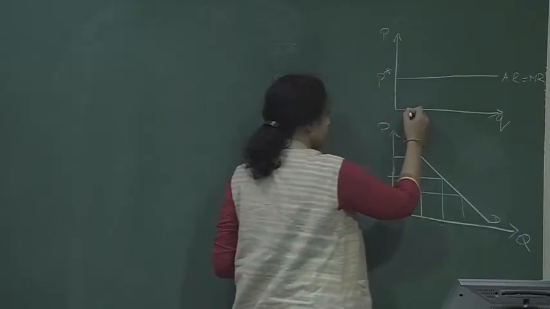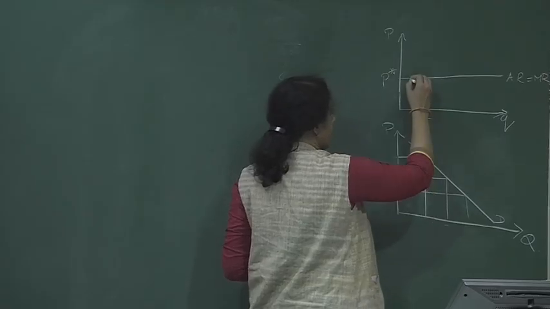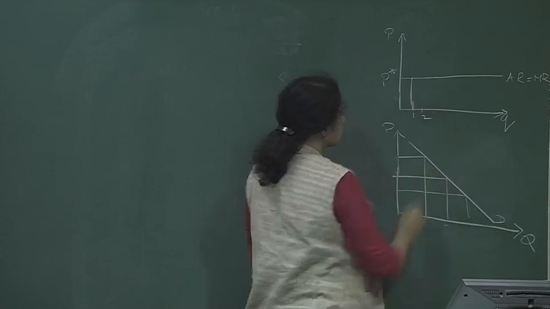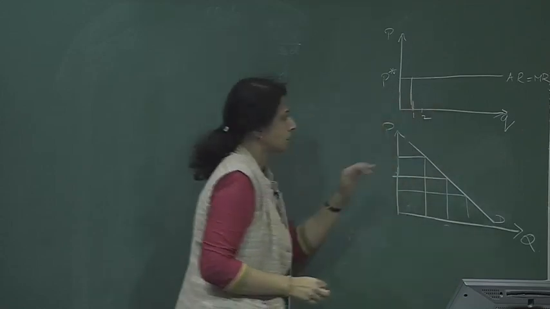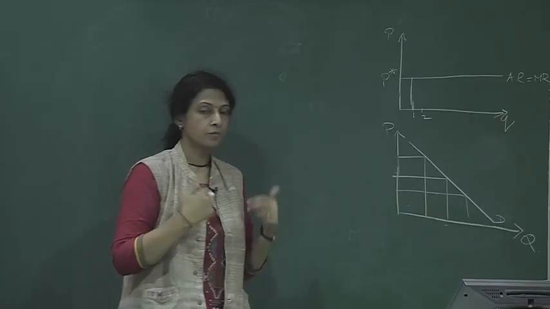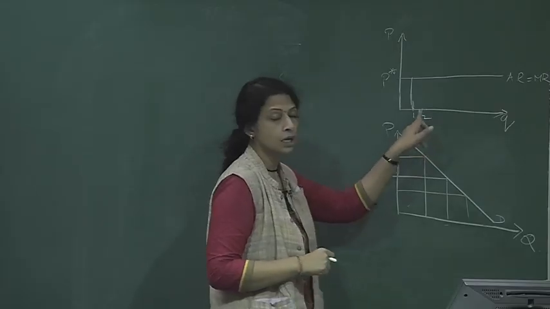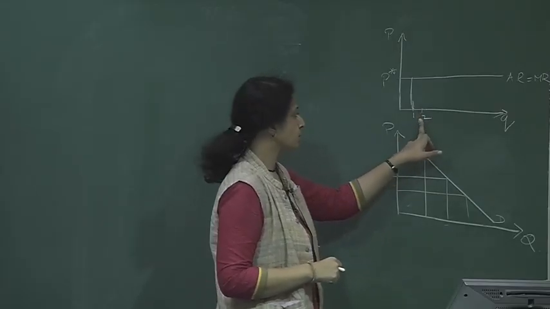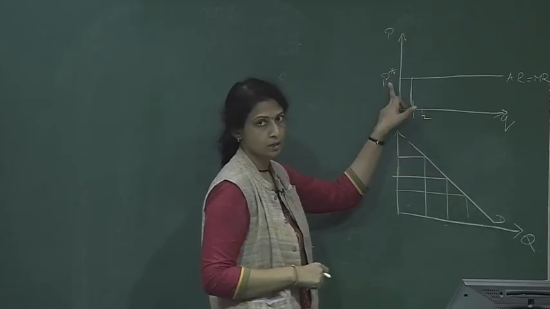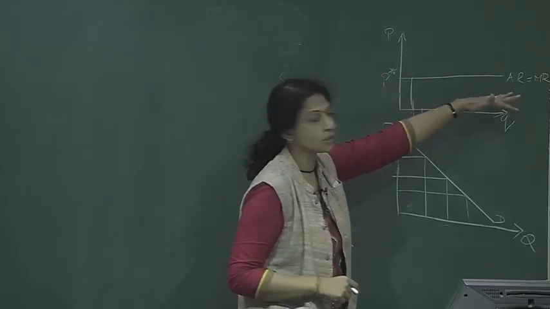So, imagine that this is 1, this is 2, and so basically when the next unit of output that the seller sells, if the producer decides that I am going to sell or produce 1 additional unit of output, he sells that additional unit for price P star, because the demand is a horizontal line.